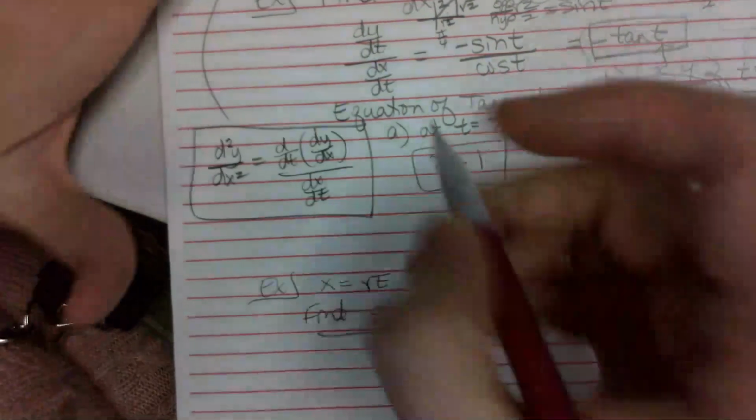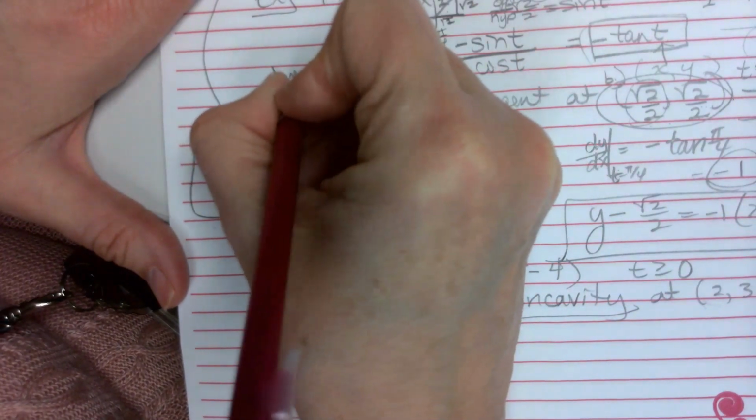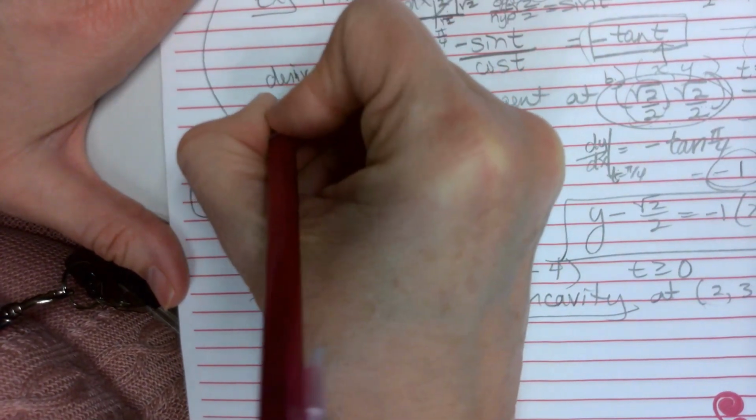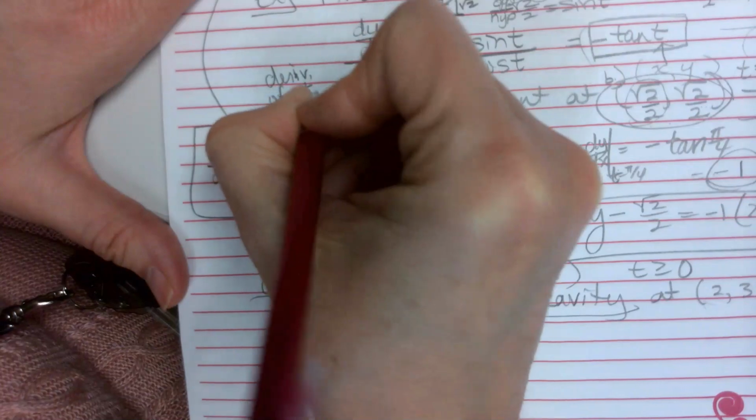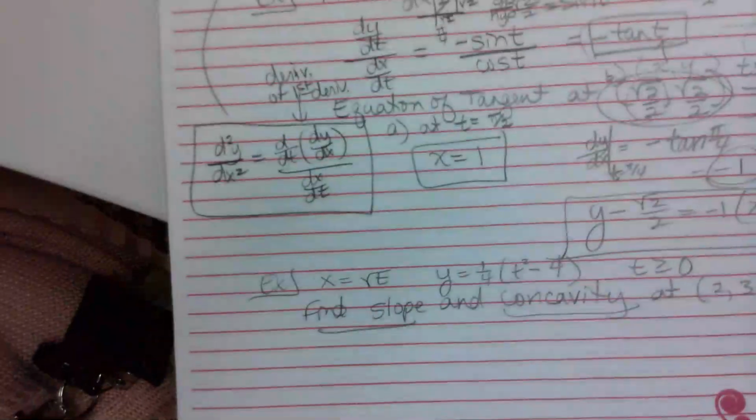In other words, this just means the derivative of the first derivative, that we already took, but we have to divide it by another dx/dt.